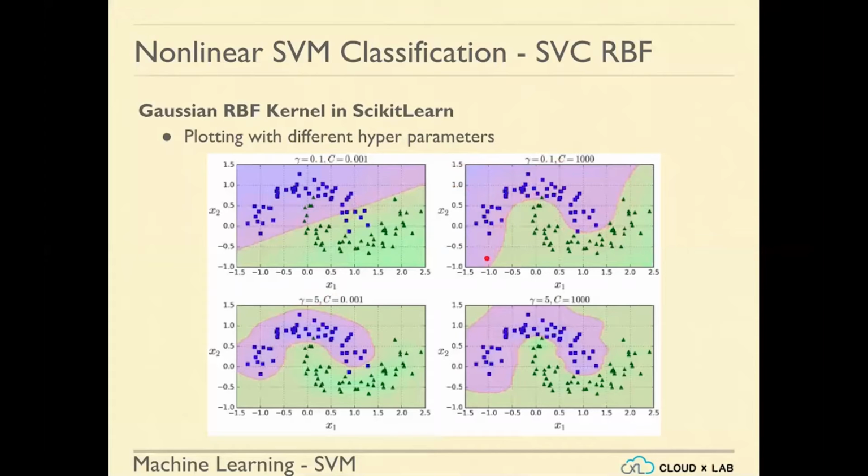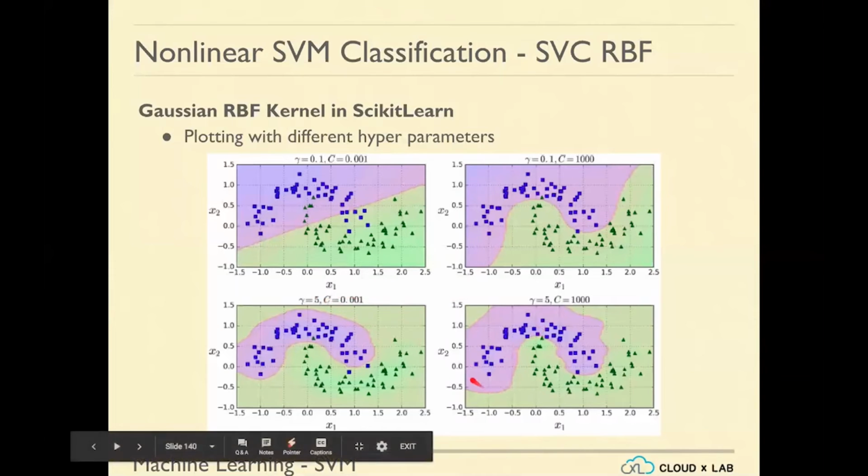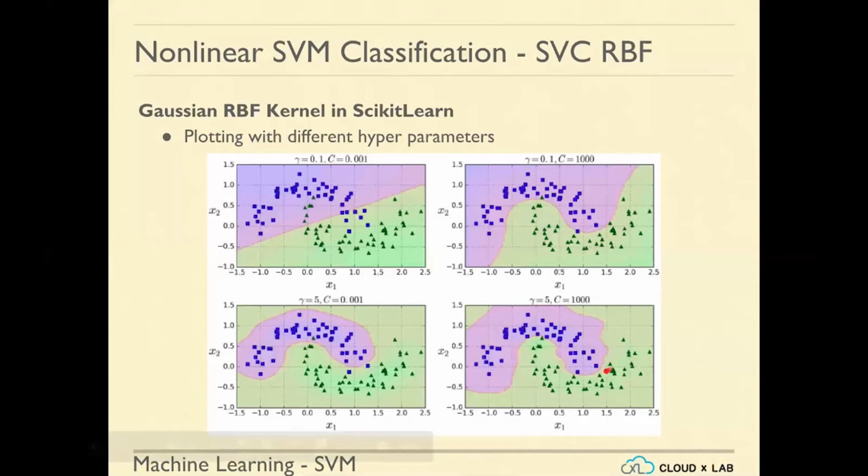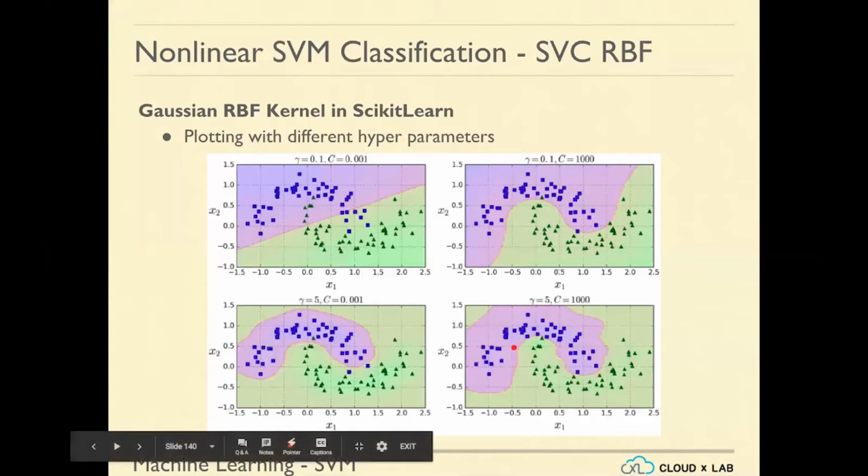And if we increase both gamma and C, you can see that it tries to fit almost everything, and this is a good model to have, okay?